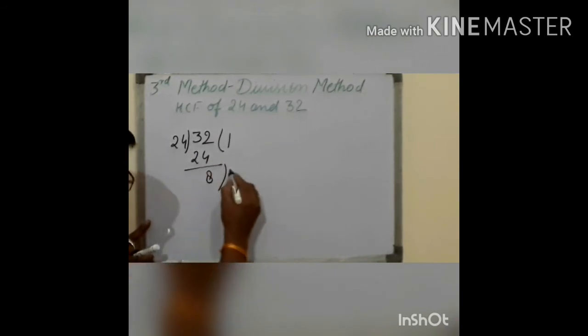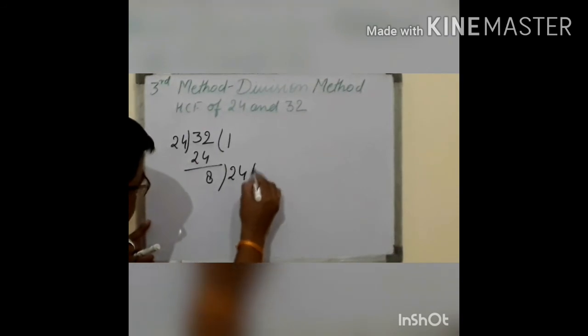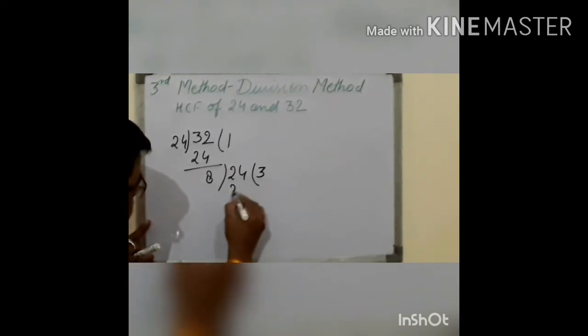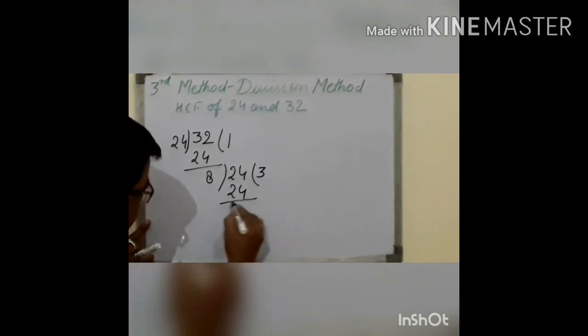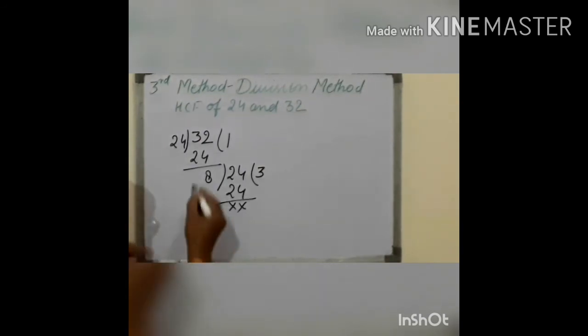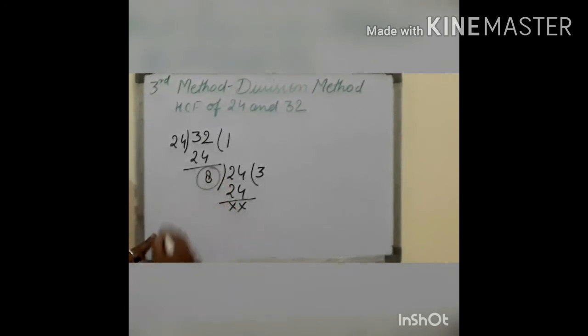Again we will put this number 24 here, and 8 threes are 24. So this will be cancelled out, completely divisible by 8. 24 is completely divisible by 8.